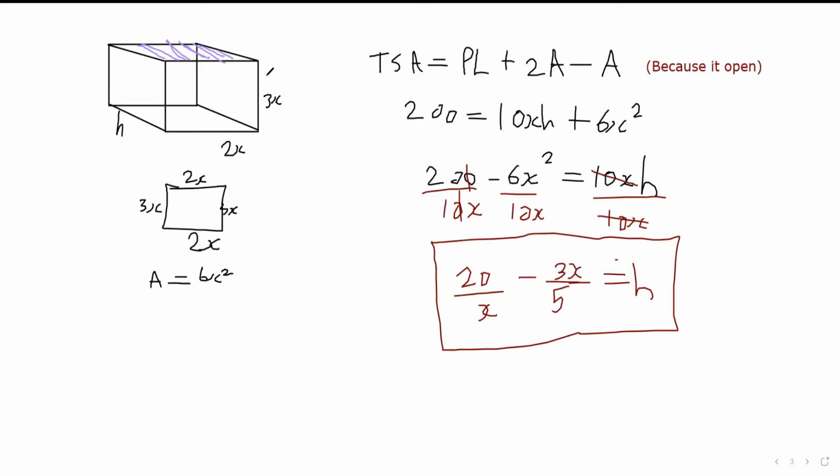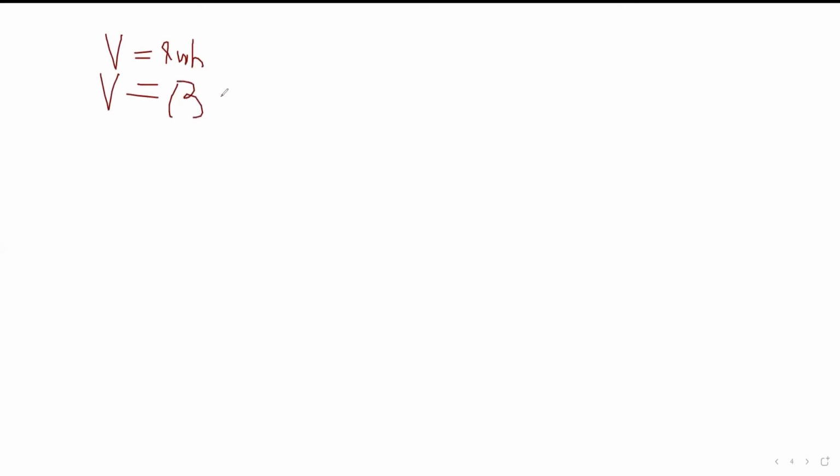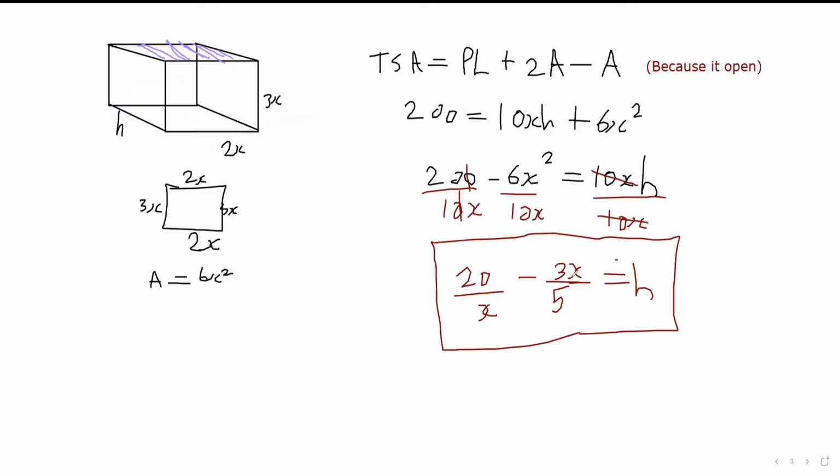So in this case, volume is 3x times 2x times h. That's volume, right? Yes, sir. So this is equal to 6x squared h, but we already know what h is. h is 20 over x minus 3x over 5. So all we need to do is plug that in right there.